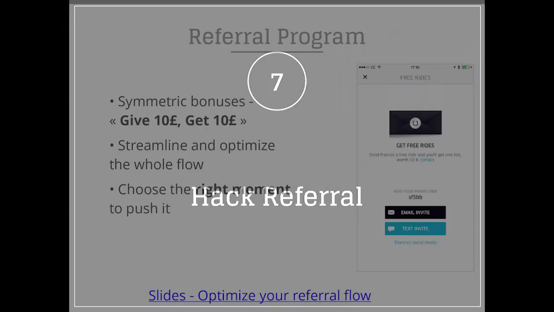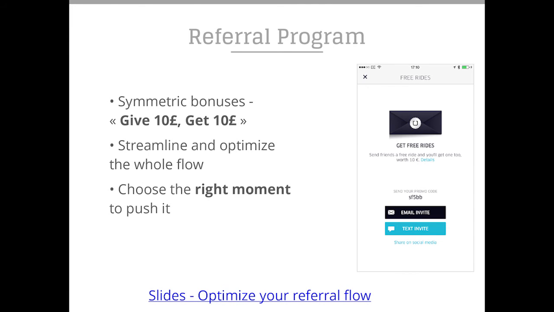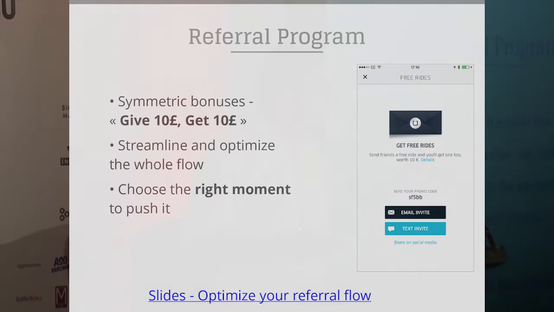The last hack is about referral. When you want to build a referral program, just ensure that you give a symmetric bonus, like get 10, give 10, just like what Uber does. And you will want to streamline the flow, and there's a really cool article on that subject as well. But we can go further.